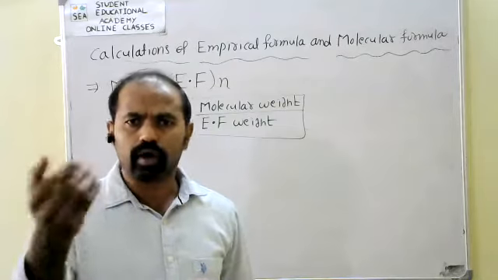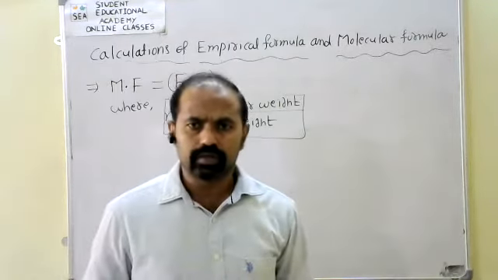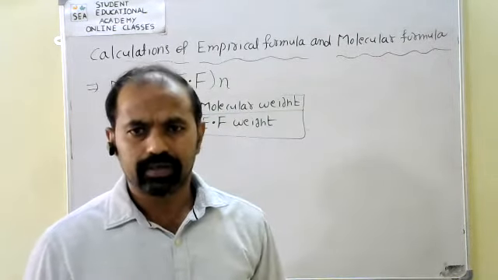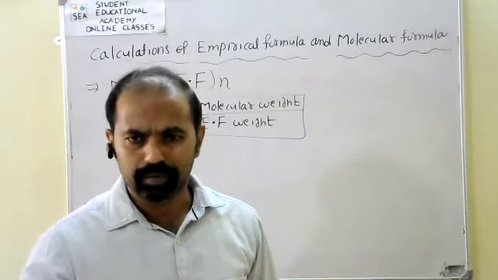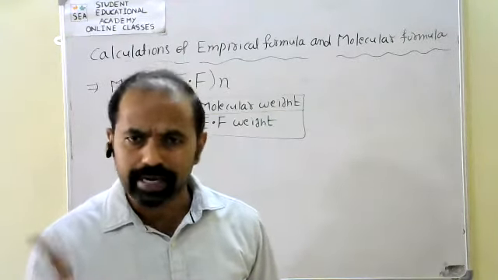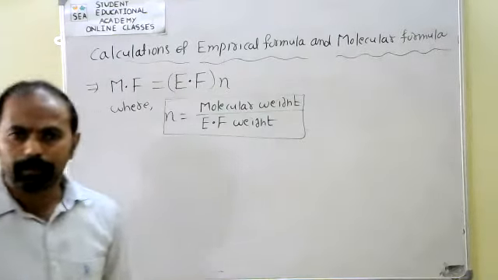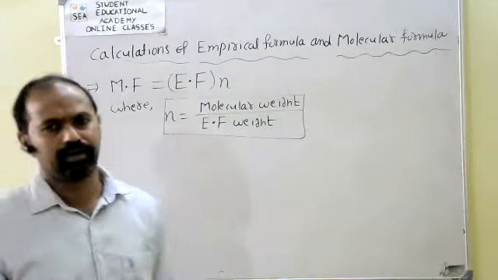Compulsorily they will give the molecular weight. If you know the empirical formula, we find out the empirical formula weight. So N equals the given molecular weight by the empirical formula weight. If we can calculate the N value, based on that we can say the molecular formula.